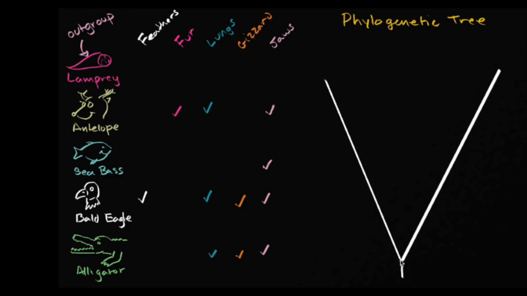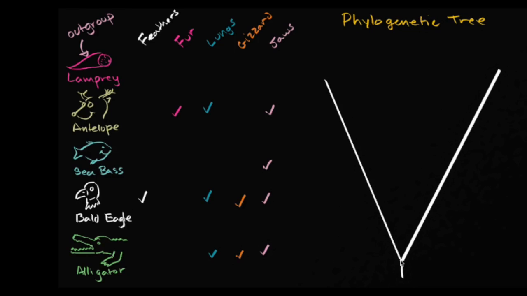So how do we start drawing this phylogenetic tree? First, we assume there's a common ancestor, of course, based on Darwin's theory, and there is a common ancestor among these 5 species, including lamprey, antelope, sea bass, bald eagle, and alligator.